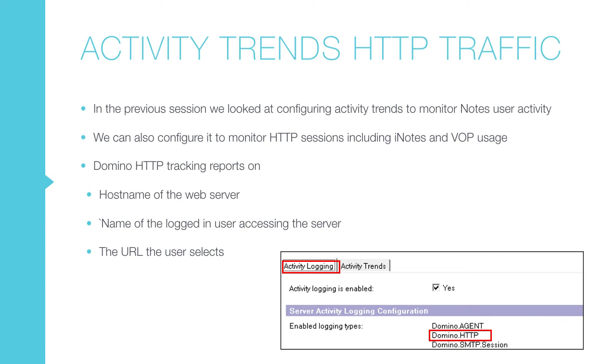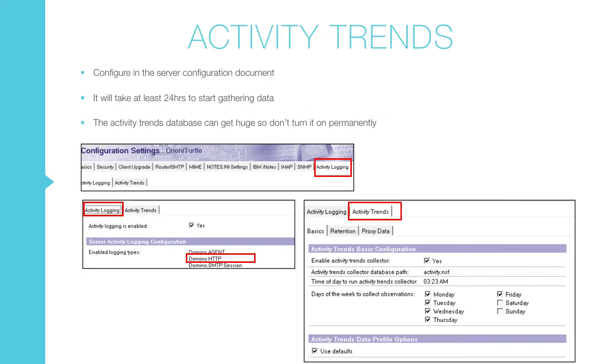You can also obviously use the server-based HTTP logging, but that tends to be quite big and cumbersome to make your way through. You can either have a domlog.nsf database, which can get very big, or you can have local log files. But if what we're doing is just auditing who's using this service and what they're using it for and when, I think activity trends is a better way to go.